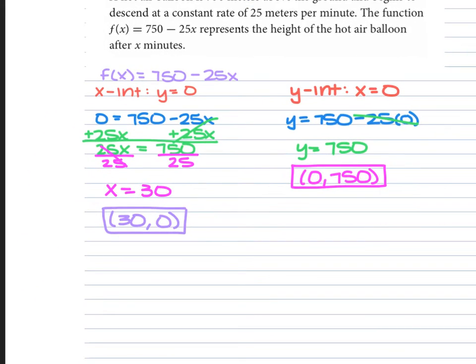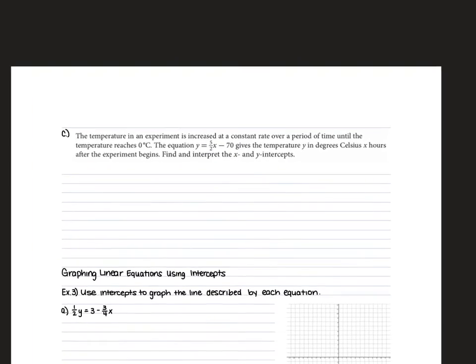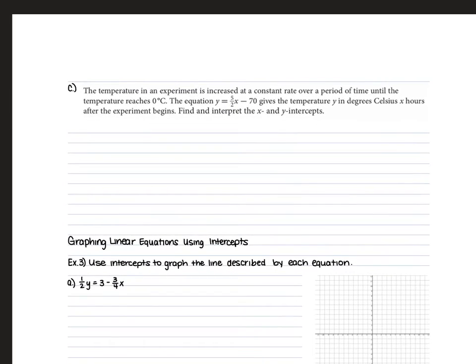If we look at our next example, it says the temperature in an experiment is increased at a constant rate over a period of time until the temperature reaches 0 degrees Celsius. The equation y is equal to 5 over 2x minus 70 gives the temperature y in degrees Celsius x hours after the experiment begins.